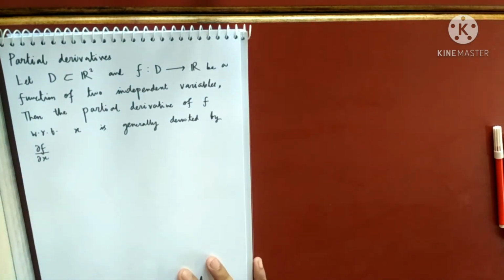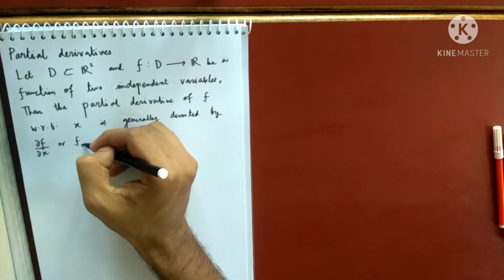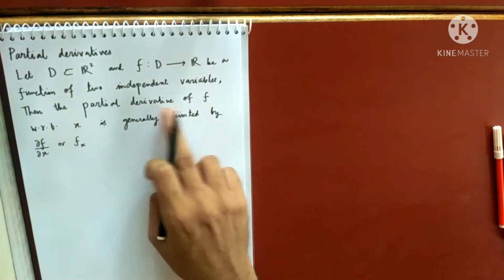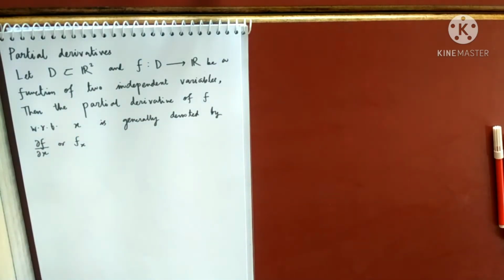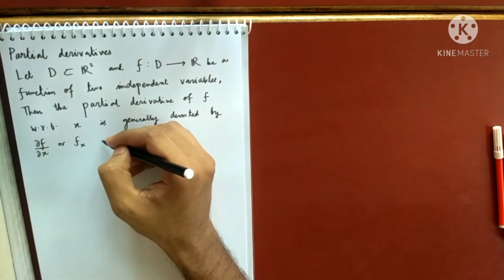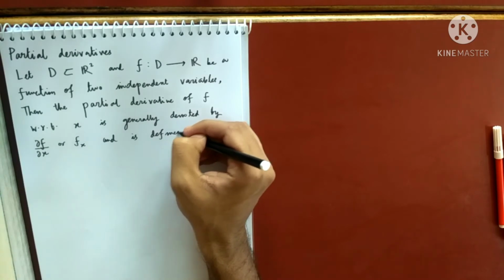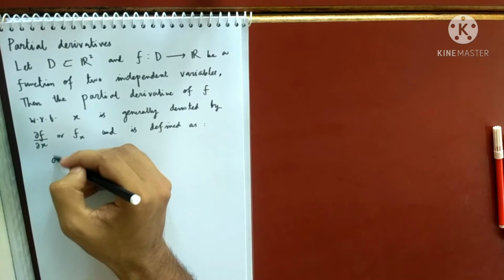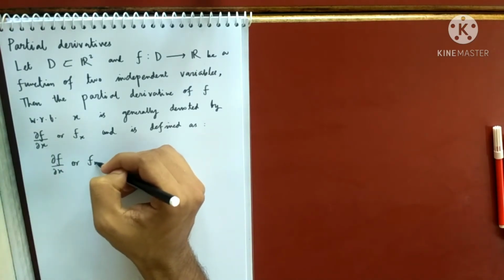So this is the representation for the partial derivative, or f with x at the bottom as a suffix, f_x. So the partial derivative of f with respect to the variable x is generally denoted by this or this, and is defined as this. It is defined as del f del x, or f_x is denoted like this.